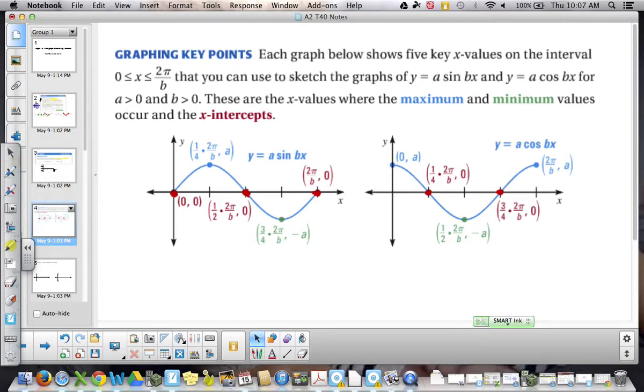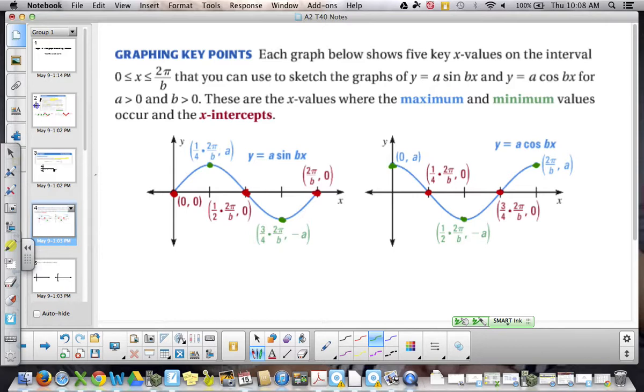Then the other points that you're going to graph for sine would be the maximum and minimum. So you've got a maximum here halfway between the first 2 x-intercepts. You've got a minimum in between the second 2 x-intercepts. For cosine, you're going to start at a maximum, you're going to end at a maximum, and halfway you're going to be at a minimum. So again, you can see for either graph you're going to have 5 key points.